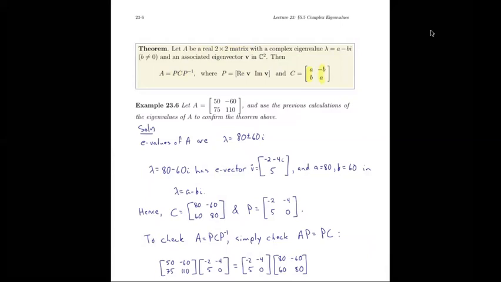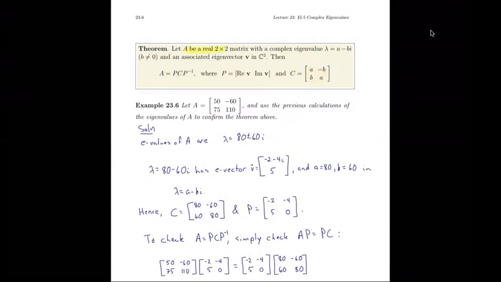So this gives us a really interesting generalization. Even if A doesn't have this form, we know C is a rotational matrix. We know that it rotates and rescales vectors, as we just saw in the previous example.